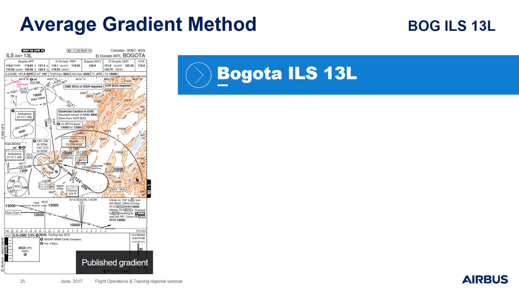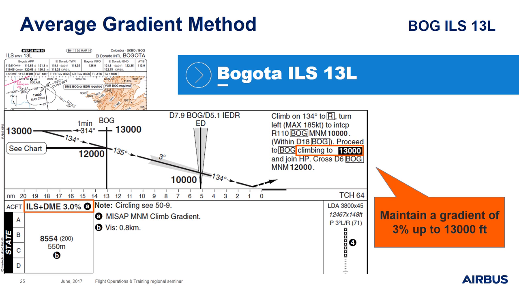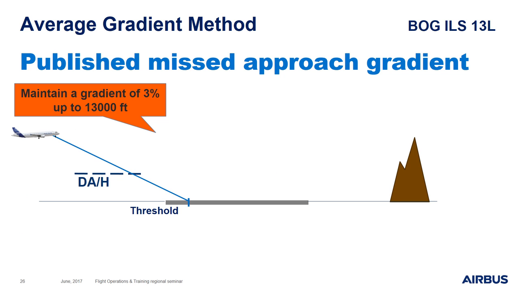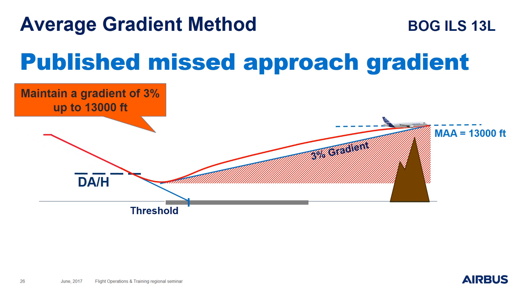Now let's go back to our example of Bogota ILS approach on runway 13 left. According to the published missed approach procedure, we have to maintain a gradient of 3% up to 13,000 feet. So the published procedure defines a 3% plan that must be maintained up to 13,000 feet.